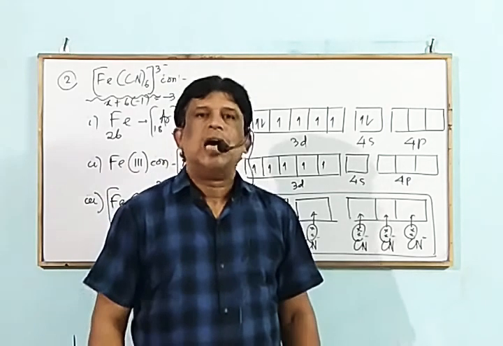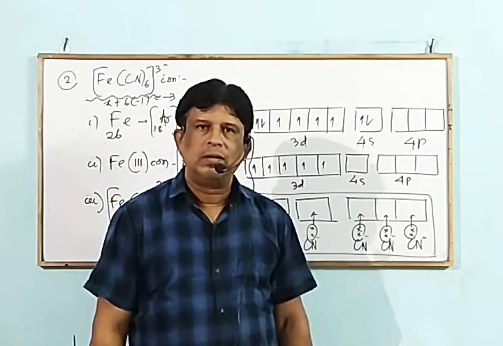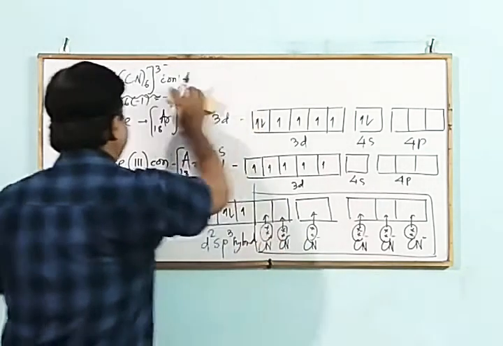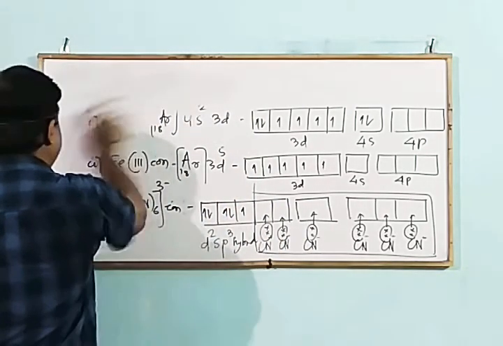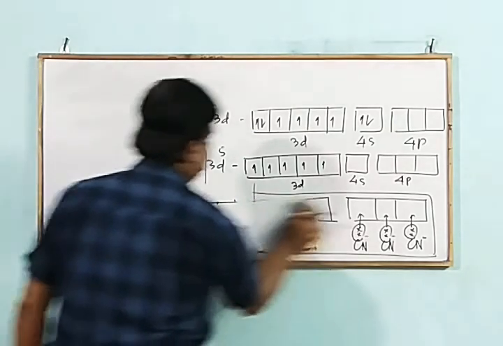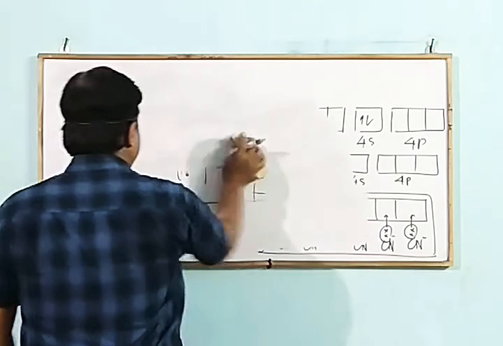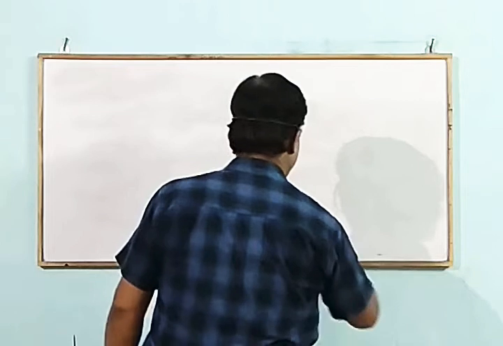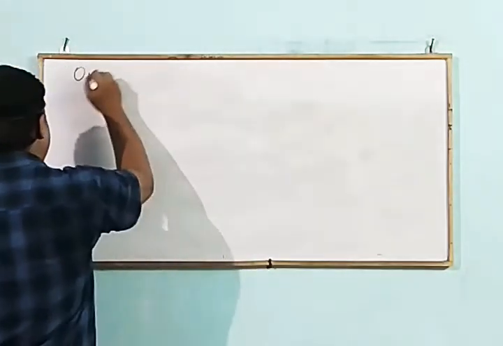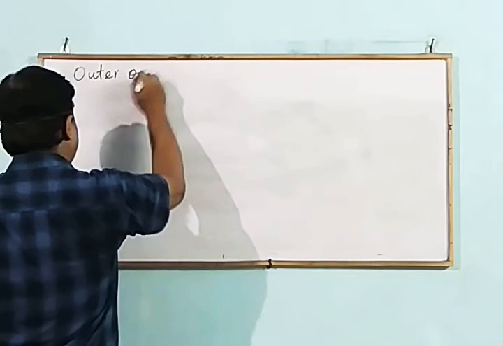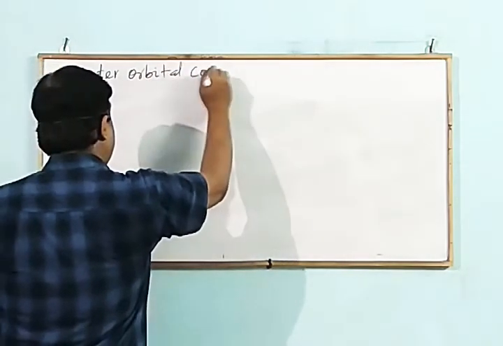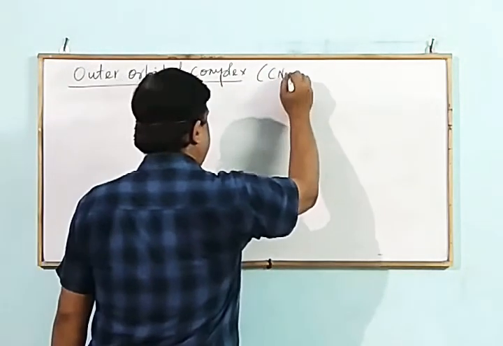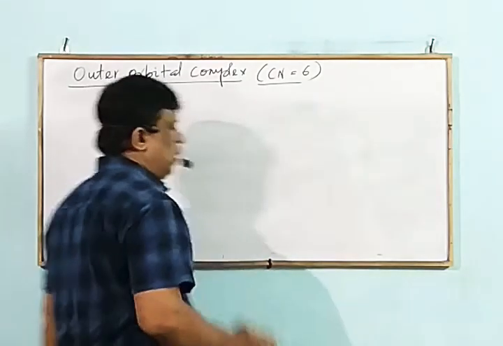That is a little idea about inner orbital complex. Next, we discuss outer orbital complex. Here coordination number is equal to 6. Mark that.